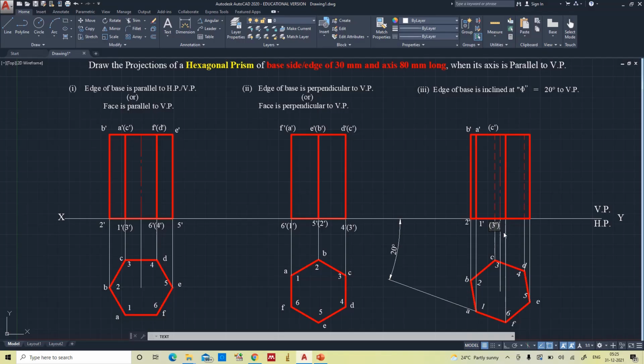This is the center line, and this one belongs to F dash. The bottom base belongs to 6 dash, and this one invisible, D dash, 4 dash. And the last one, E face very clearly visible, E dash, 5 dash.